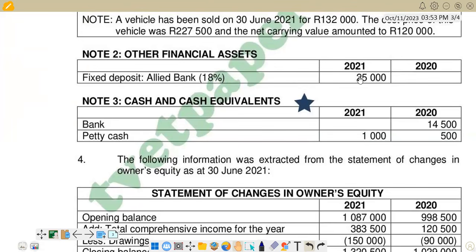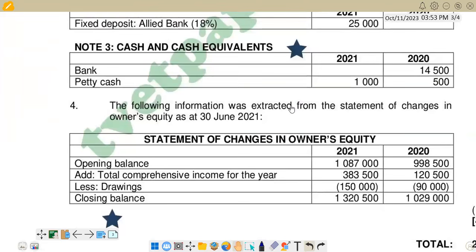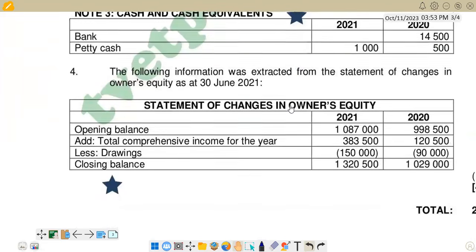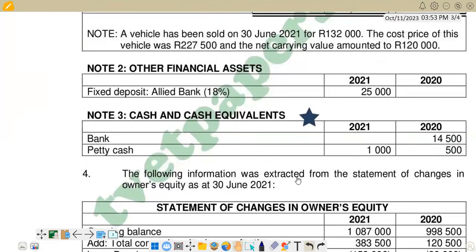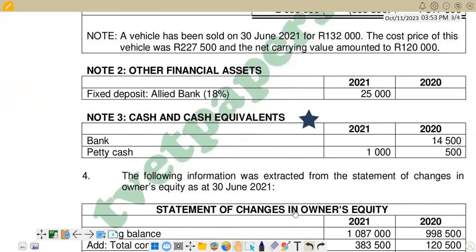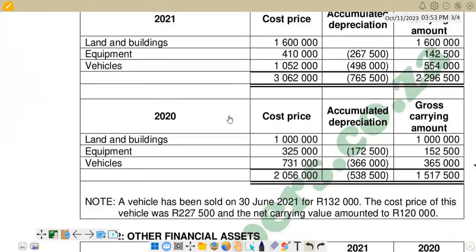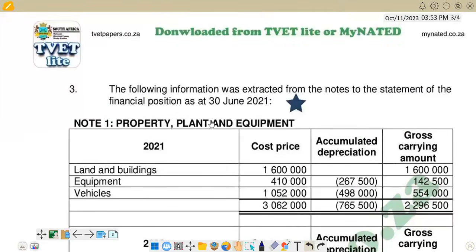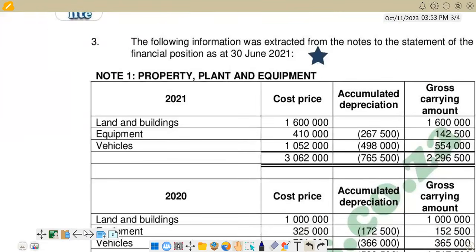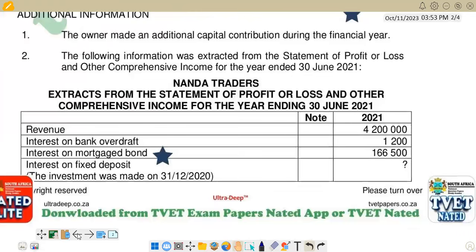So we need to know for how many months we had this fixed deposit in the business. So we go down again to check if we've got information about that. Here we don't have anything in terms of when the interest on deposit was made. We go to the next page to check any instruction concerning that.